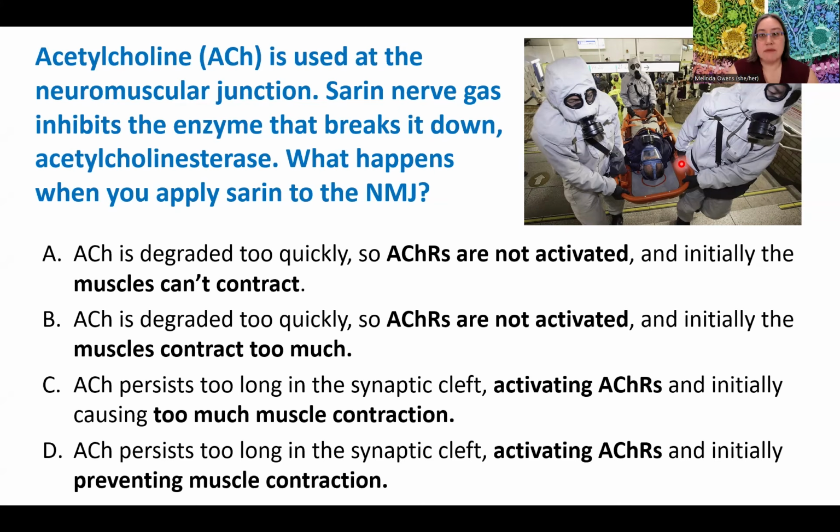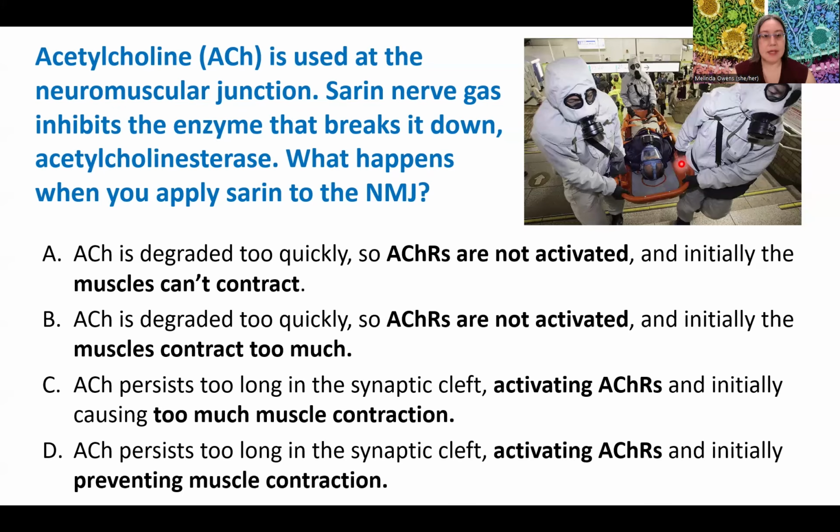Okay, let's think about this. Acetylcholinesterase breaks the acetylcholine down. So acetylcholinesterase takes acetylcholine essentially away from the synaptic cleft. If you inhibit the enzyme that breaks it down, that means the enzyme won't work and there will be more acetylcholine.